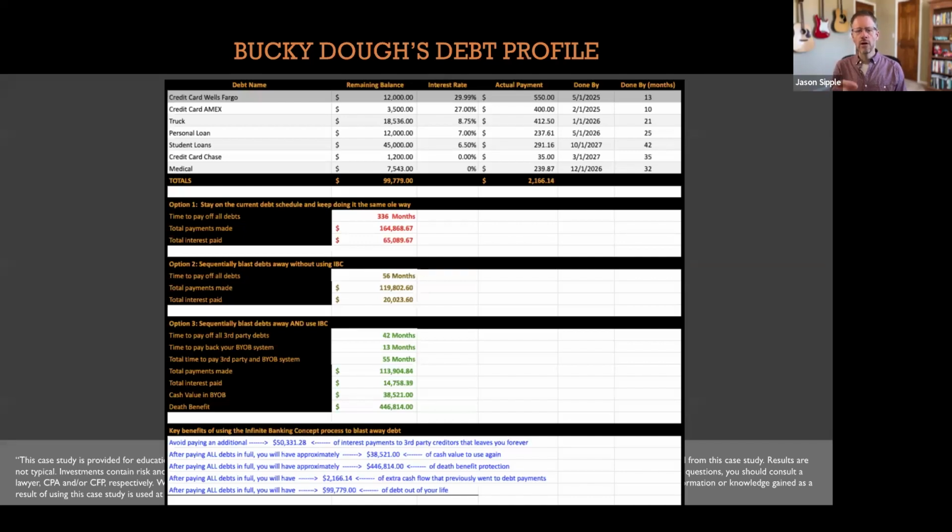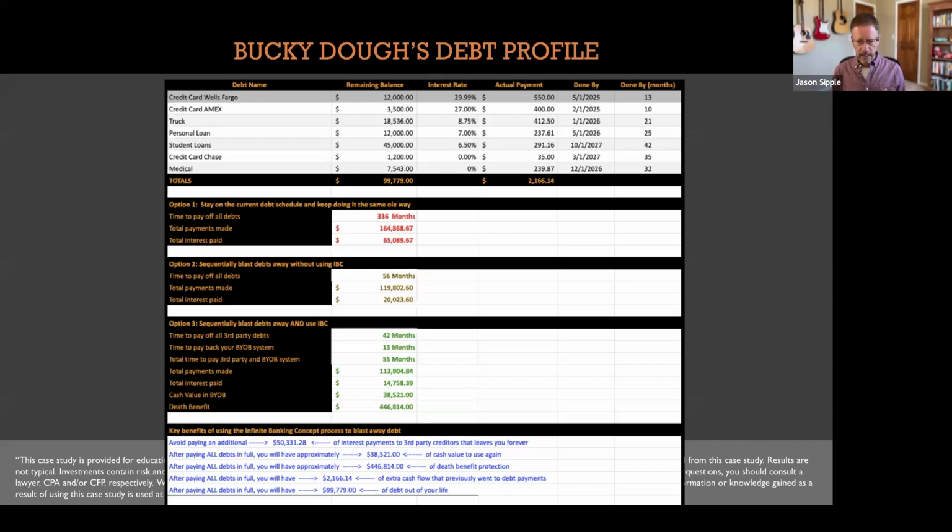However, just take one more step, and we'll take that sequential debt pay down that we're showing in option 2, and we'll just combine it with infinite banking. And again, just to reiterate, you'll have all of those debts paid off in about the same time it takes to do option 2. So 55 months, you're done paying all those third-party debts.